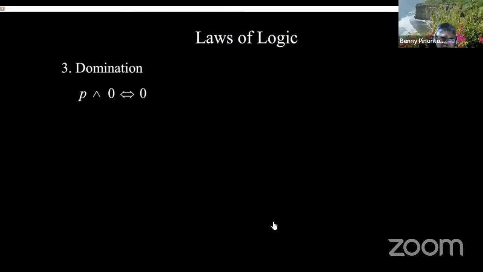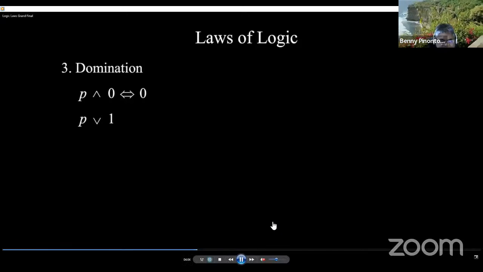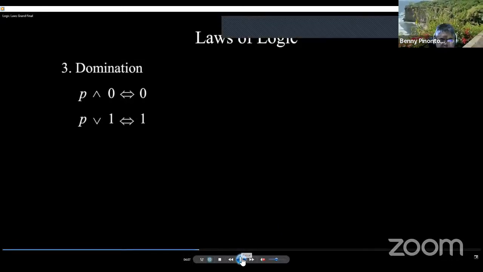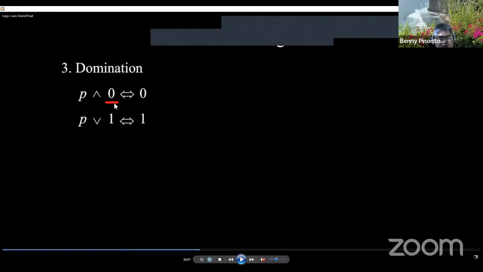Then this is the domination. Domination means that 0 with operation n is going to dominate anything.